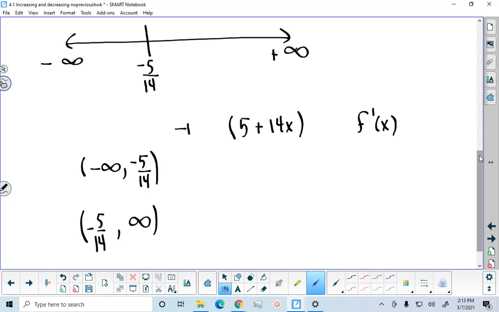And I hope you see that what we're doing here is exactly what we did when we tried to decide where position was positive or negative. What you do is you fill in this chart with positives and negatives for each of the factors.